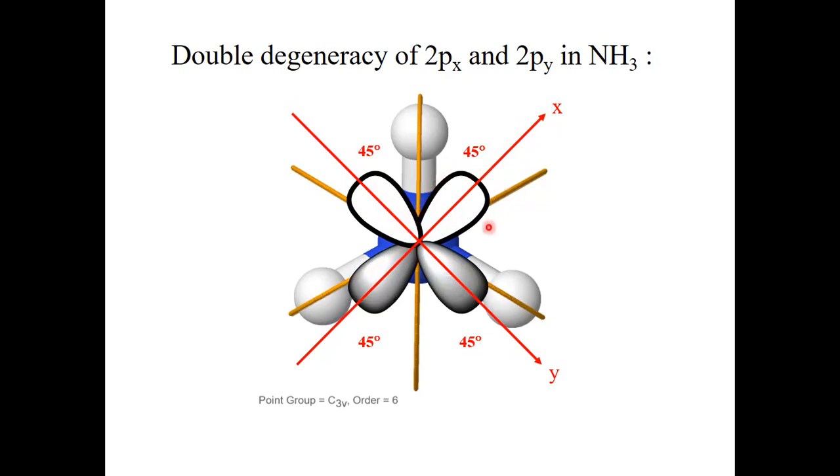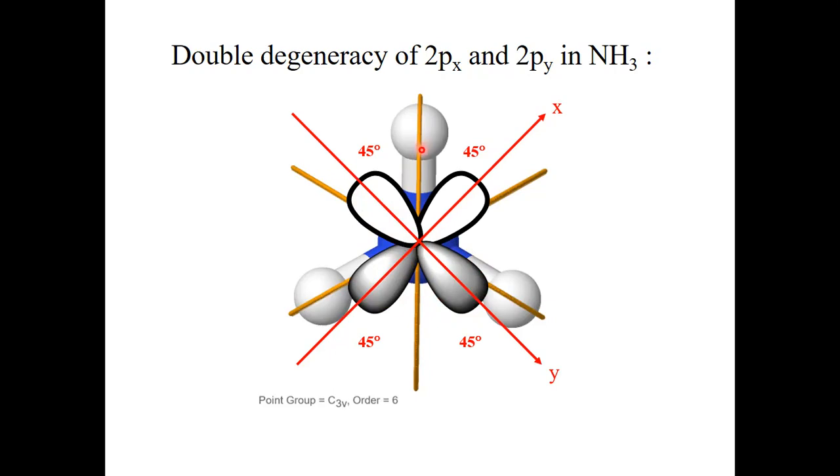So our px orbital would be oriented here, and our py orbital would be oriented here. So can we now see that there is a symmetry element that interconverts the two orbitals? We can see that this mirror plane actually does this.